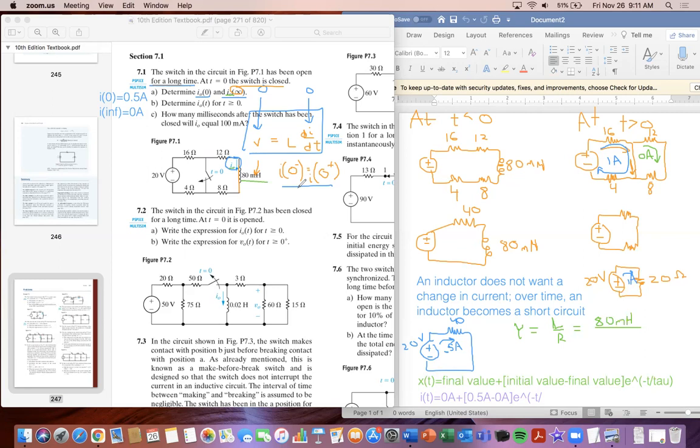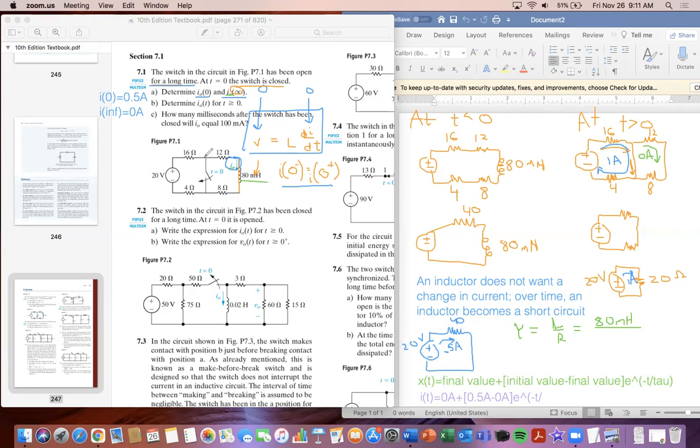The best way to determine it is to look at what the inductor sees beyond here.